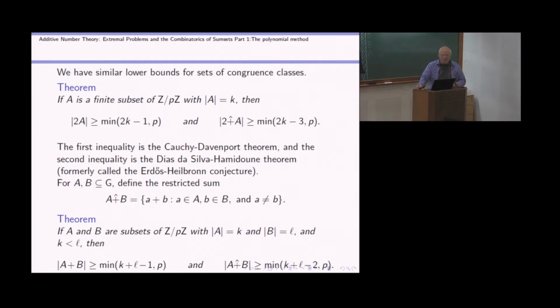There are Aleph naught proofs of Cauchy-Davenport, but there were not Aleph naught proofs of the Erdos-Turan conjecture. There was none. And then Silva and Hamidoune gave a proof, and shortly thereafter, there was a different proof, not necessarily simpler, but a different proof using elementary facts about polynomials.